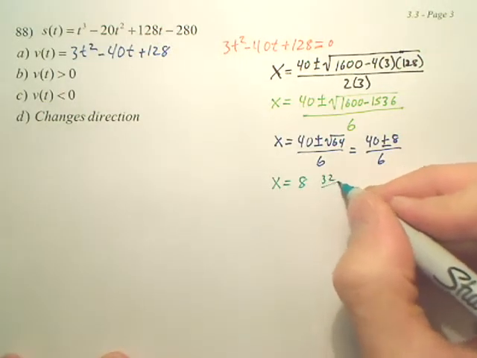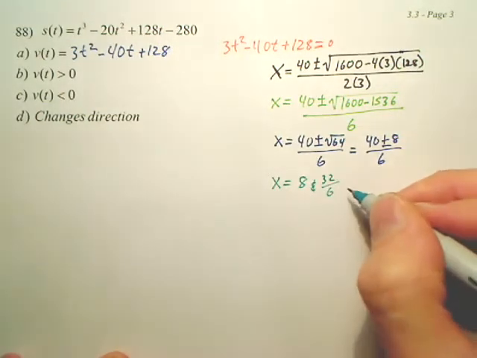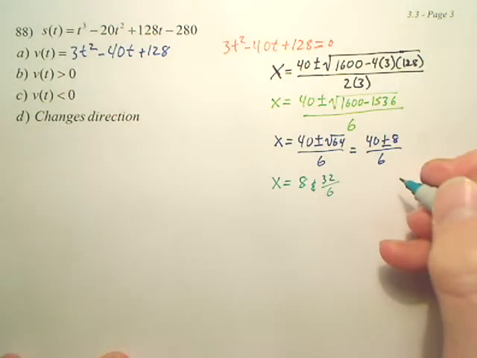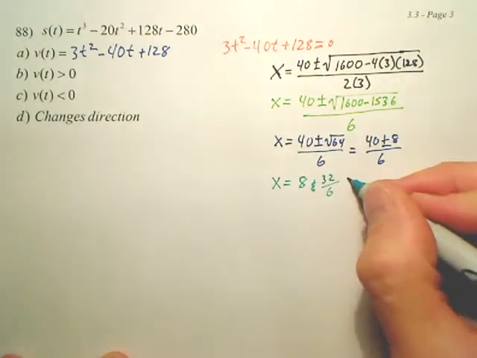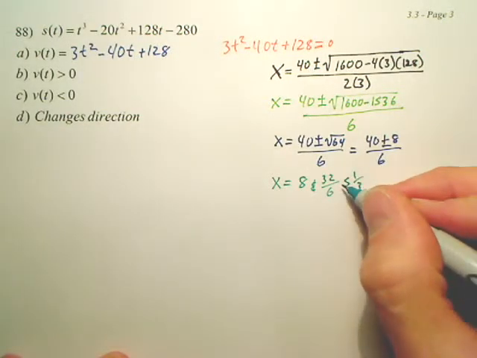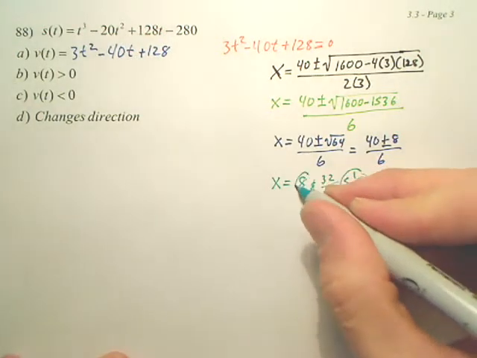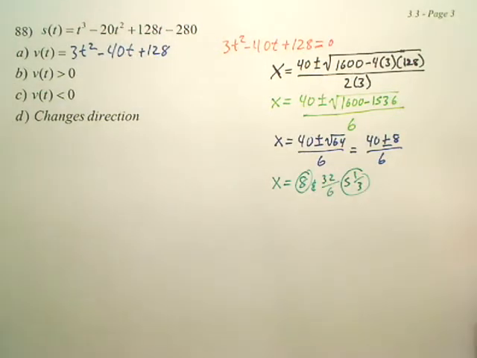And then 32 divided by 6, which is 16 divided by 3, which is 5 1/3. Is it 5 1/3? Yeah. Okay, it would be 5 1/3. So we got that and that. Good job.